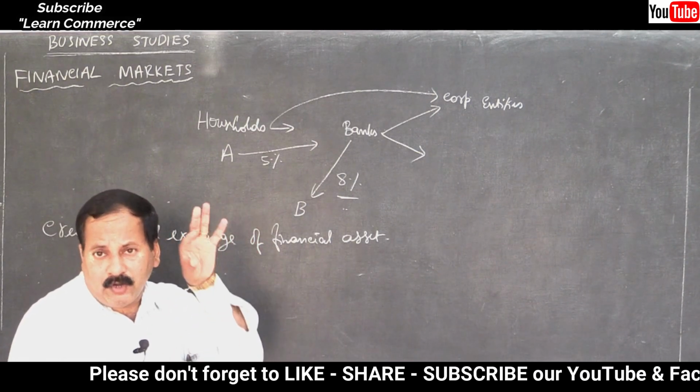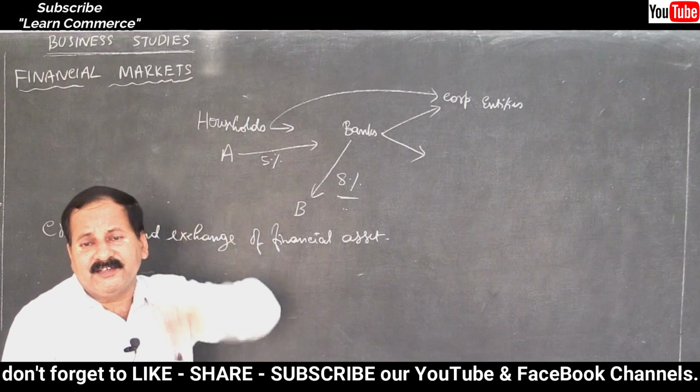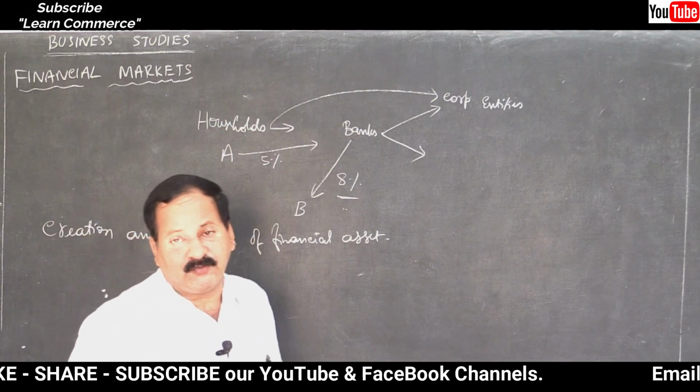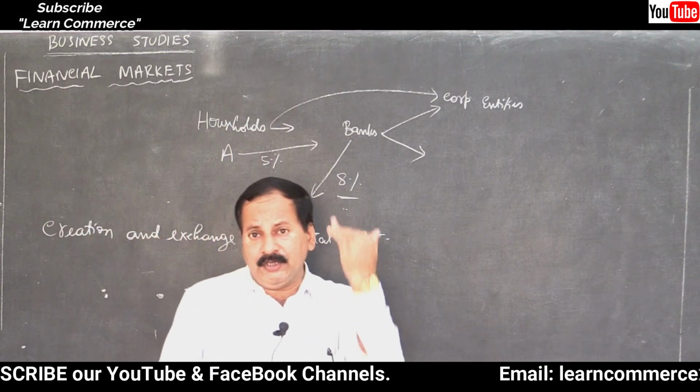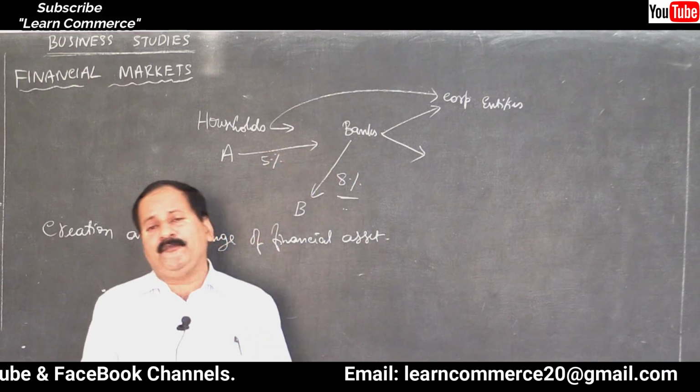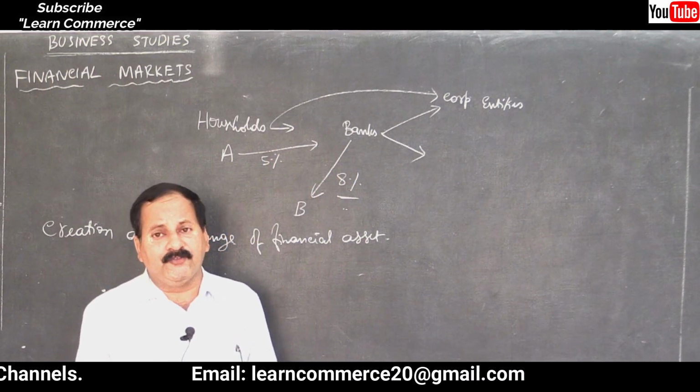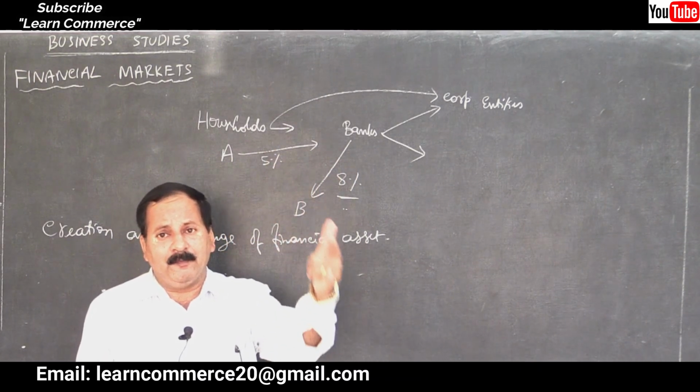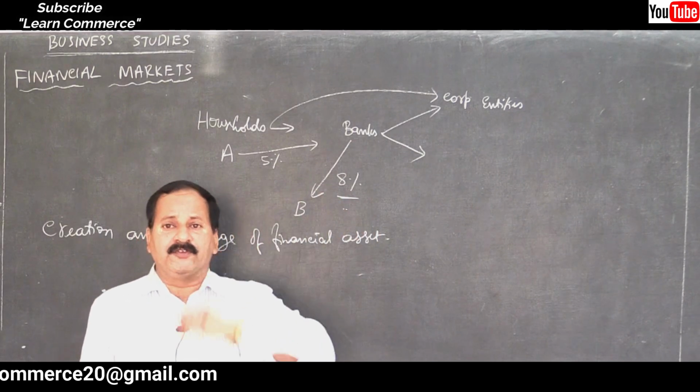Suppose I bought 1000 shares of Reliance Industries Limited straight away by subscribing to the IPO, initial public offer. When the company issued shares, I subscribed and the company issued directly to me 1000 shares.